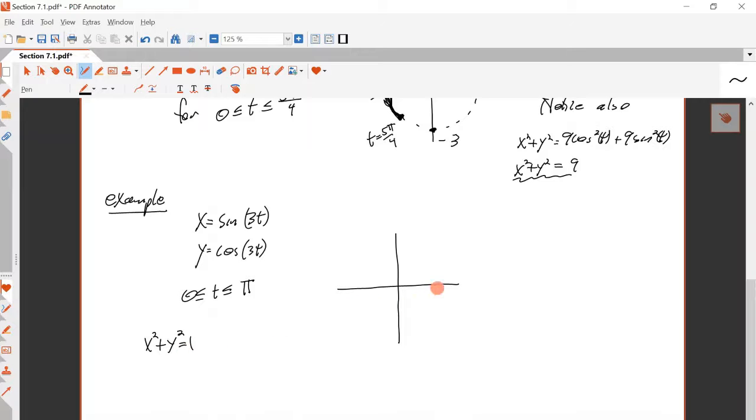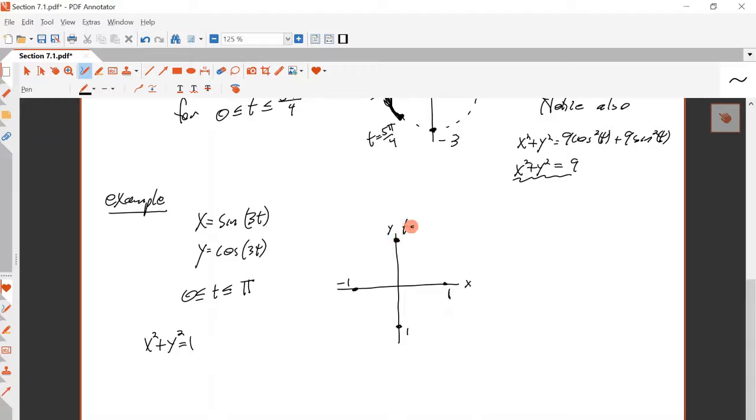So x squared plus y squared is equal to 1. So we're lying on the unit circle, the circle of radius 1 in the xy plane. But where do we start this time? Well, at t equal to 0, x is 0, and y is 1.